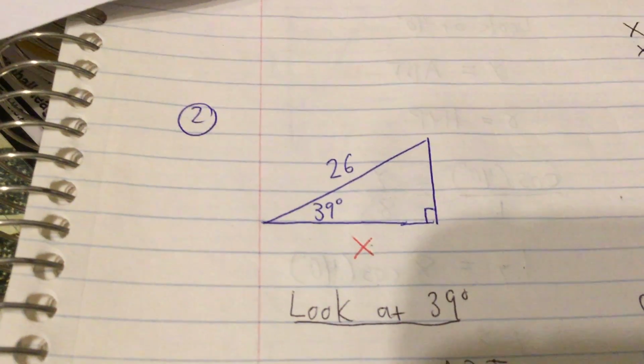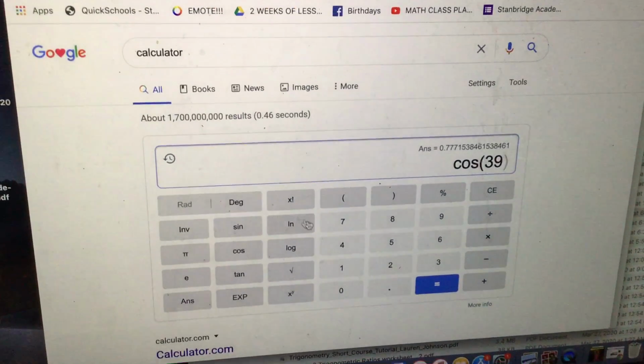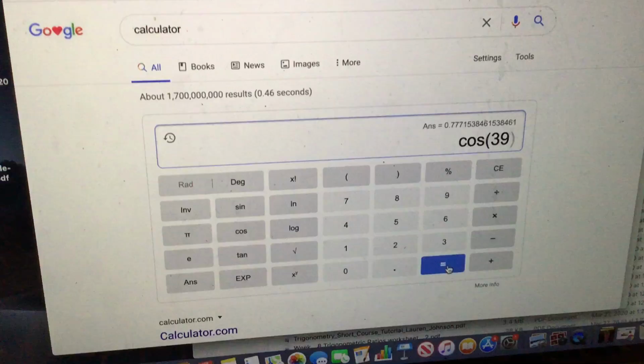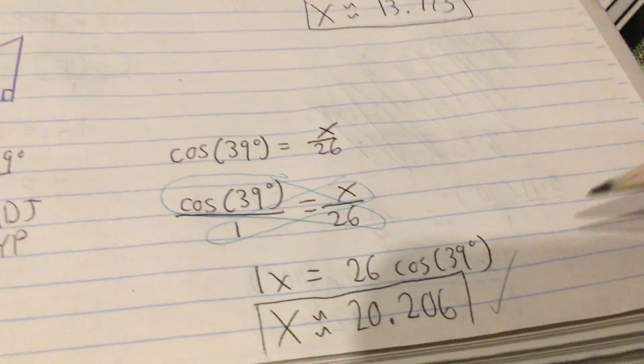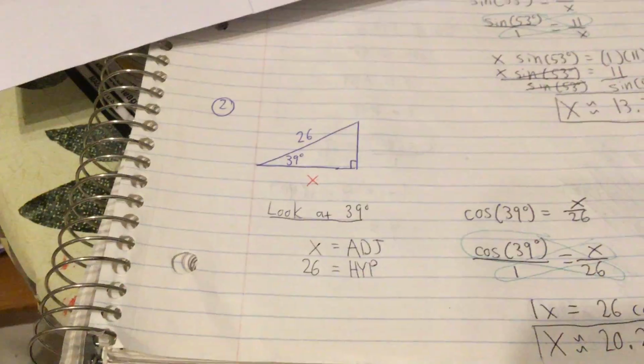Hopefully the decimals match up. Cosine of 39 degrees, not radians, should be 0.777, and so on. Yes, so they match up, therefore x equals 20.206 is the correct length for x. All right, let's do 4 more of these.